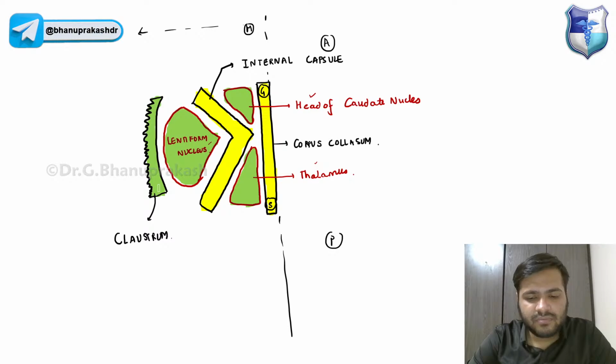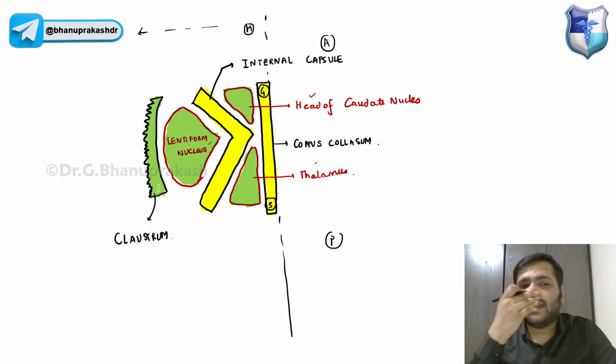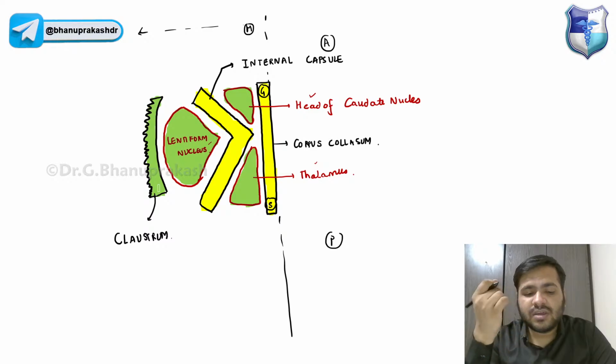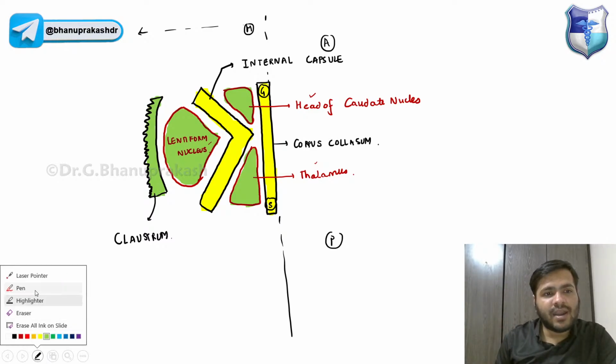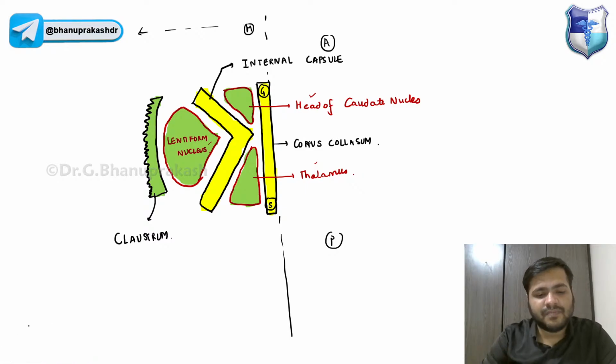Now, going more laterally, guys, you will be watching one hidden lobe, and that hidden lobe is called the insula, or it is also called the insulum, or the island of Reil.